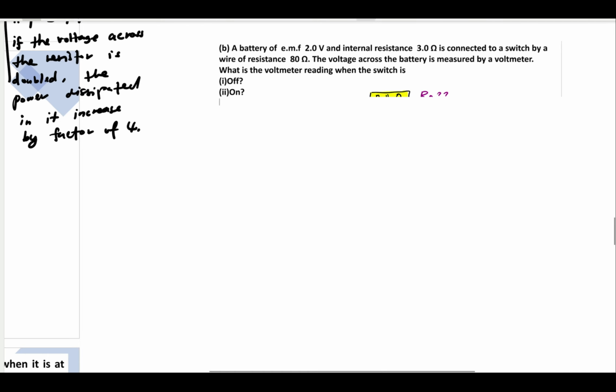That means, kita jawablah kat sini kan, if the voltage across the resistor is double, means that the power dissipated in the resistor lah, akan meningkat lah, increase by factor of 4.